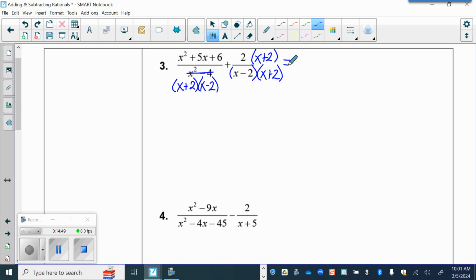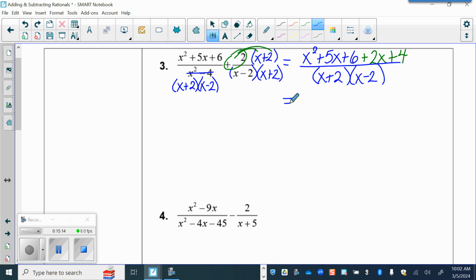So what do I have? x squared plus 5x plus 6 plus, I'm going to distribute: 2 times x is 2x, and 2 times 2 is 4, over x plus 2, x minus 2.